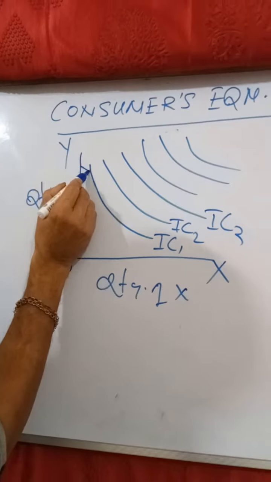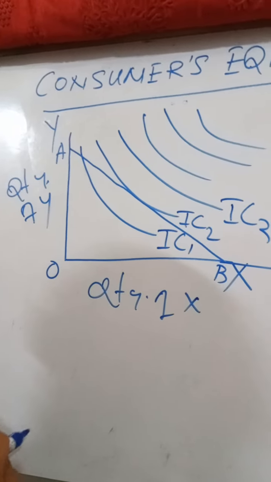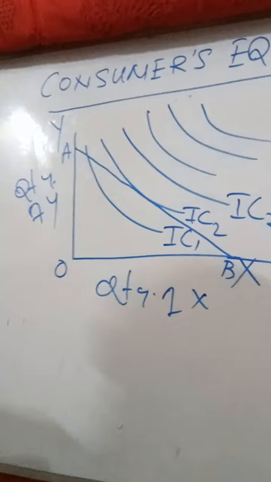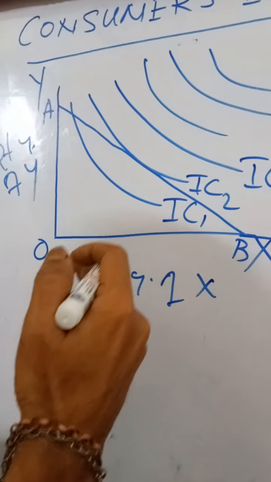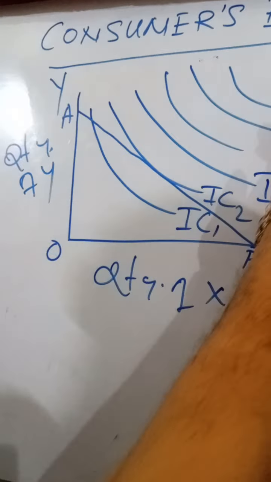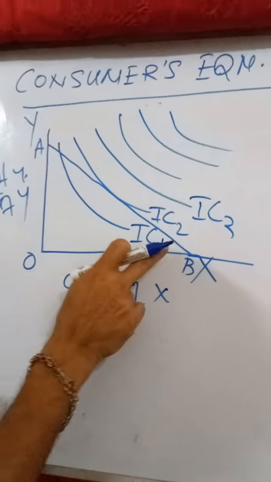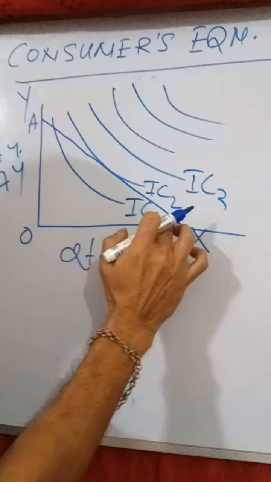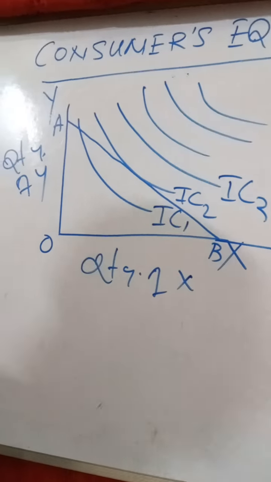You see, as the consumer moves along the indifference map, he goes on from lower indifference curve to higher indifference curve, and this is budget line. Any indifference curve beyond this budget line is not reachable by the consumer.